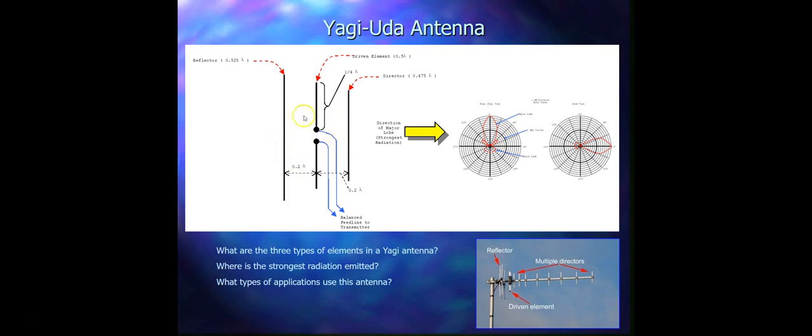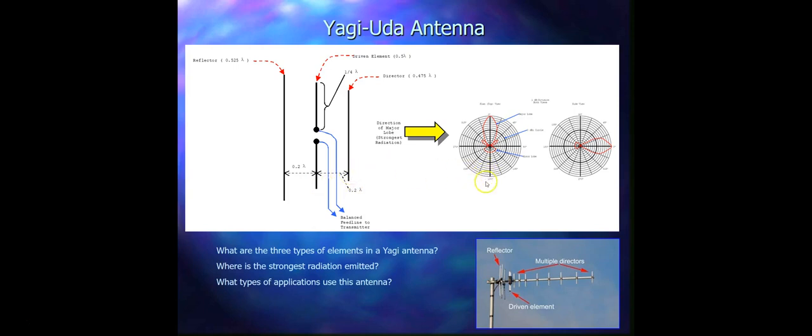In general, by increasing these parasitic elements, the gain of the antenna can be increased. This Yagi-Uda antenna is normally built for operation on a single band, and it can be made to resonate at a different frequency, and that is why the Yagi-Uda is not considered a wideband antenna.